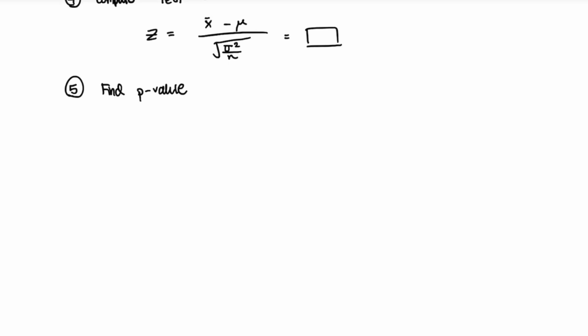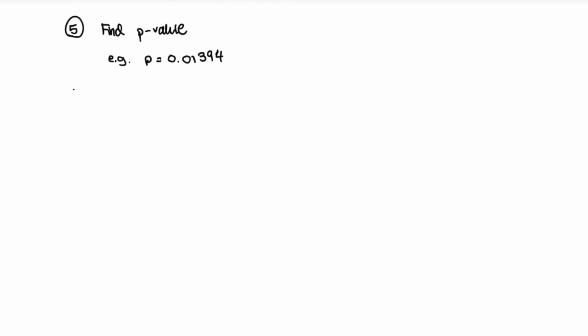This one you should have already learned in school. So whatever the p-value is, let's say the p-value is 0.01394, for example. This will be basically what you get from the calculator. After this step, you would want to make a conclusion.